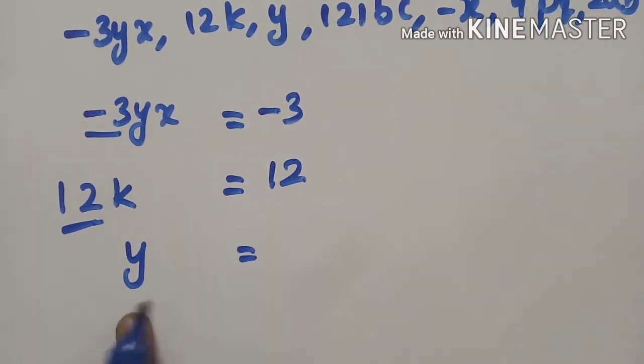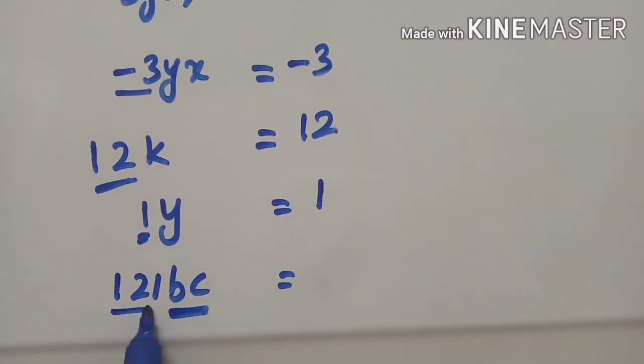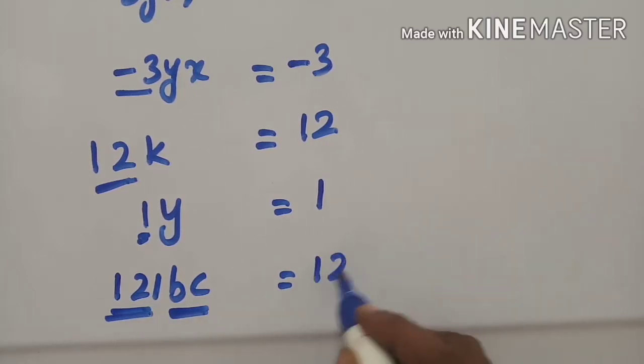So y means 1y, that is 1 into y. So the coefficient is 1. Right? Next one, 121bc. So b and c are variables. So the numerical coefficient is 121.